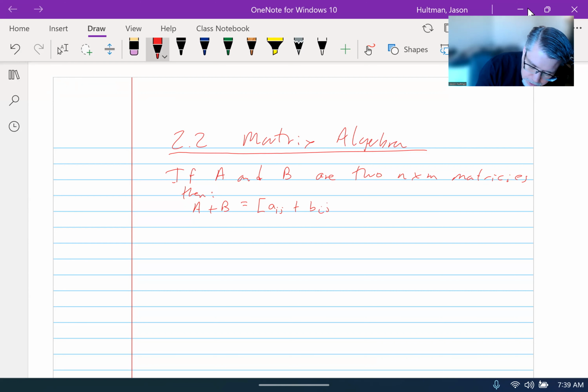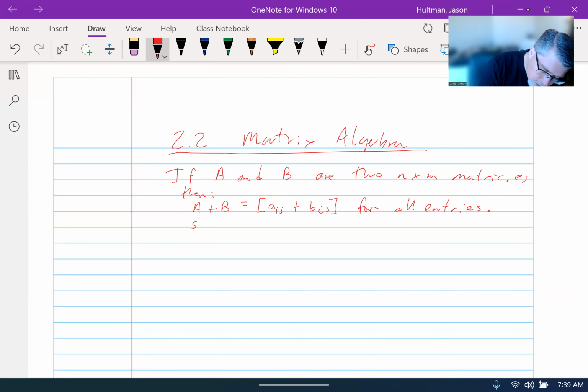So we just match element to element. They have to be the same dimensions, m by n matrices. And if they're the same dimensions, then we just add up corresponding entries for all the entries, or elements.